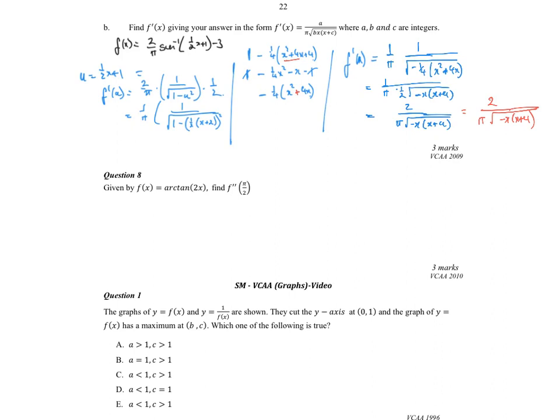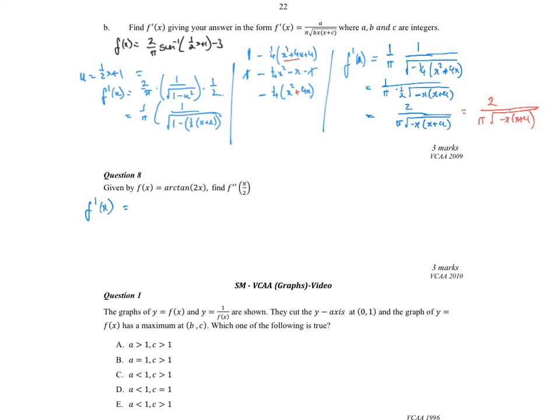All right, got f of x, find f double dashed of pi on 2. So what's f dashed of x? What is the derivative of tan inverse of x? We've got that formula sheet there, haven't we? The derivative of tan inverse of x is 1 over 1 plus x squared, so tan inverse of x on a.